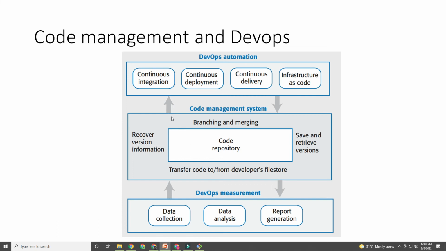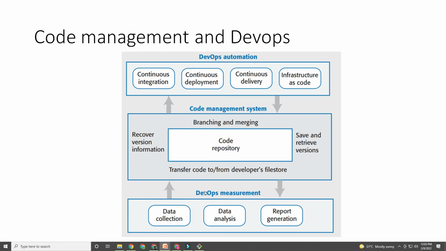This code management system communicates with DevOps automation, consisting of continuous integration, continuous deployment, and continuous delivery. You may be asking what these are; we'll see in the next slide, don't worry. DevOps automation covers how the code is integrated, deployed, and delivered to the user.